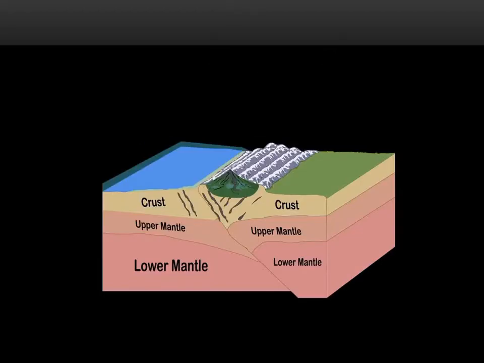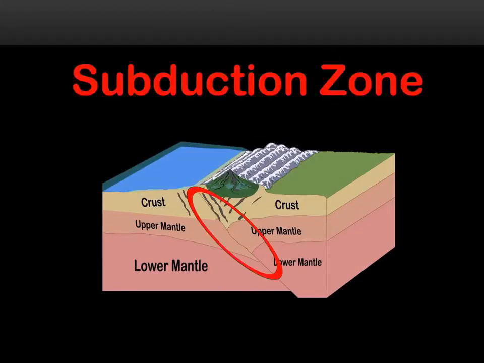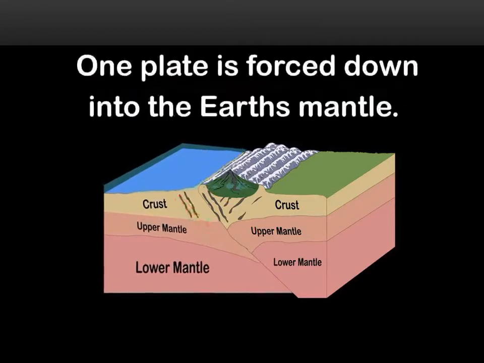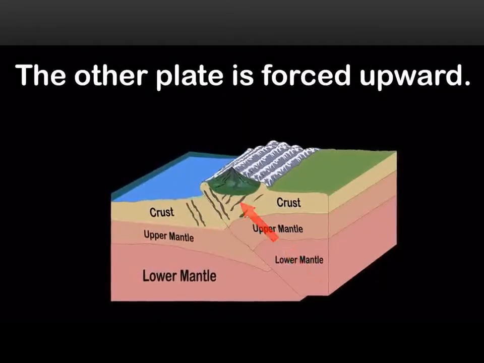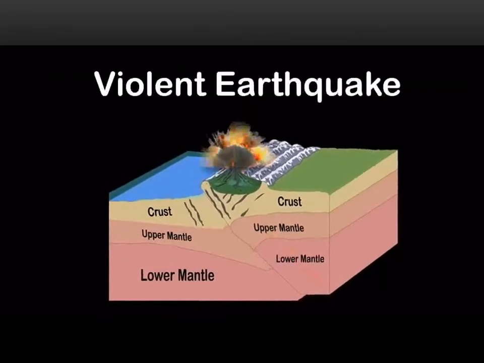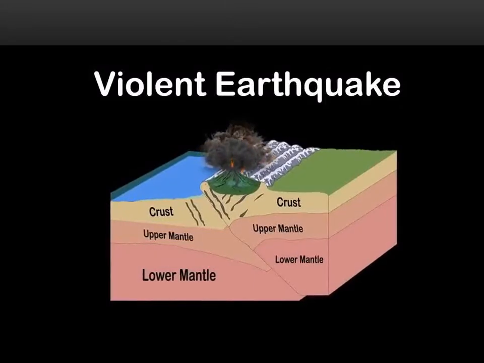The most violent quakes happen in subduction zones, no other. That's where one tectonic plate is shoved beneath another. One plate is forced down into the Earth's mantle, shown here. The other plate's forced upwards, that's where the violent quake appears. This is the same type of earthquake that rocked Nepal in 2015. The Gorka earthquake shook them all.